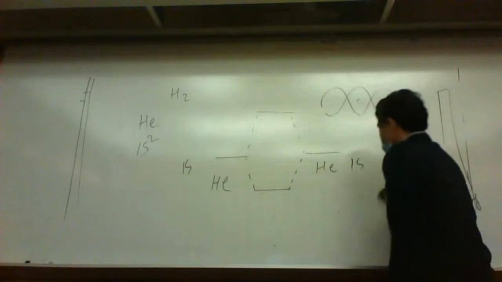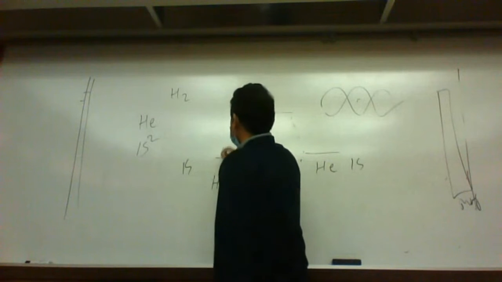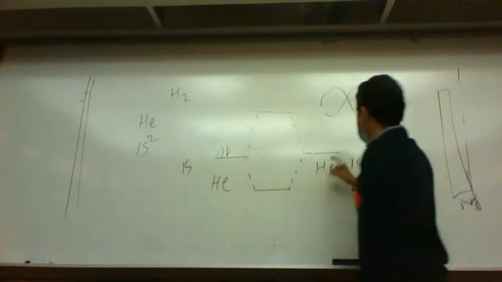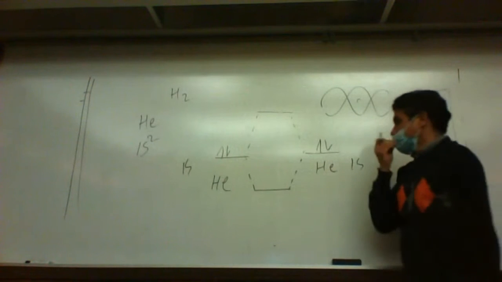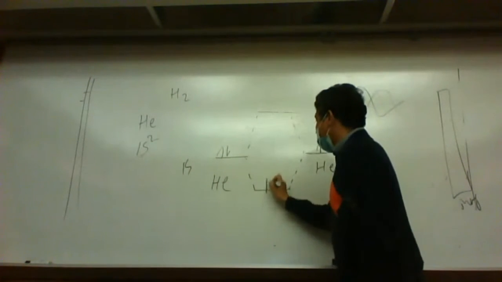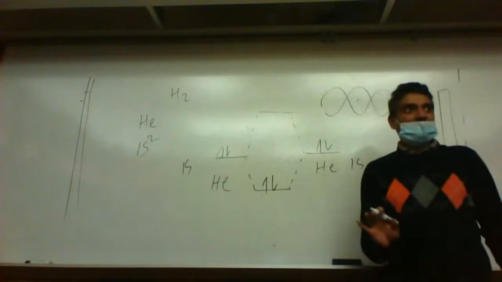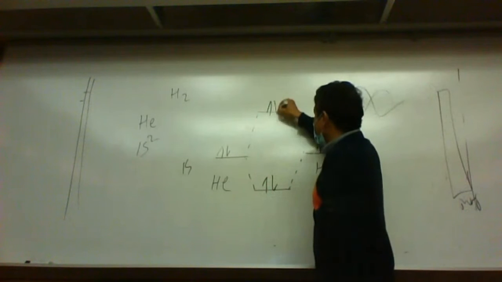Now, how many electrons does this helium have? There are two. And how many here? There are two, right? Now I have a total of 4 electrons. This is one orbital, this is one orbital. In one orbital, I can put only 2, not more than 2, right? So I can put 2 here.